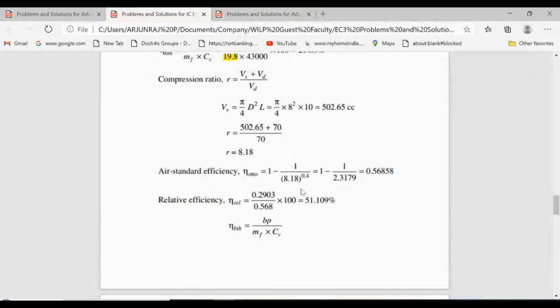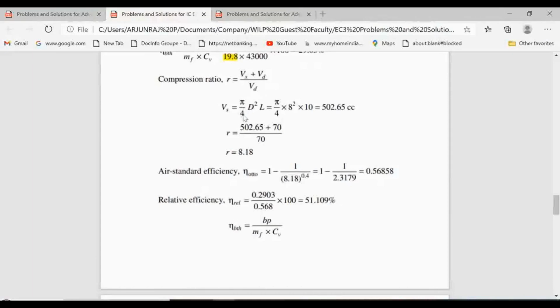Gamma is 1.4. Okay. For calculating r, which is nothing but the compression ratio, you have a formula: the total volume divided by the clearance volume. The total volume is nothing but stroke volume plus clearance volume.